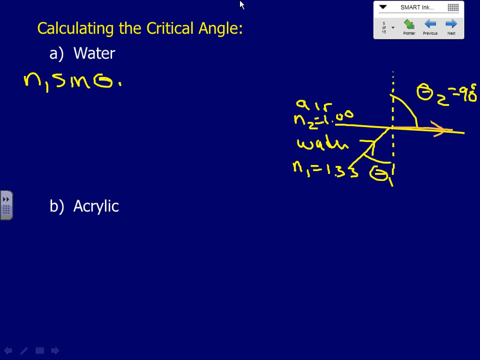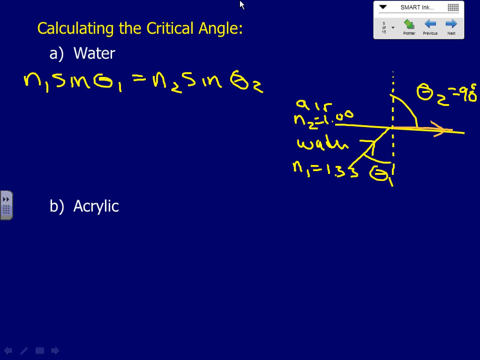N1 sine theta 1 equals N2 sine theta 2. Now you know what? When finding a critical angle, theta 2 is always 90 degrees. Because it has to be. What's the sine of 90 degrees? Just take sine 90. What is it? It's 1. Which means this value in here is always 1.